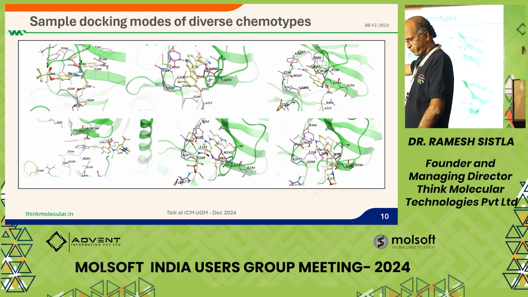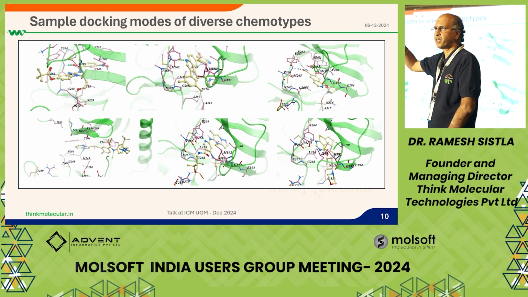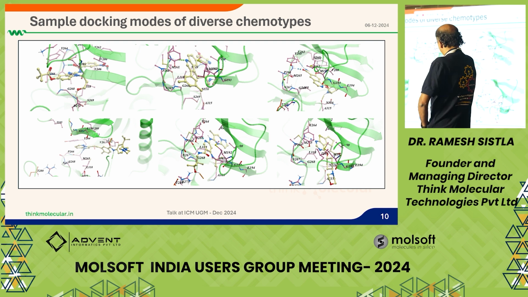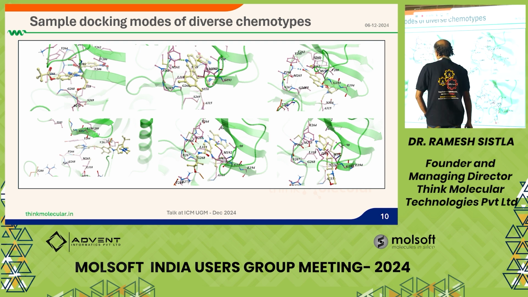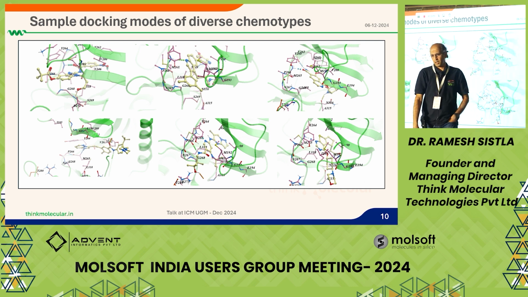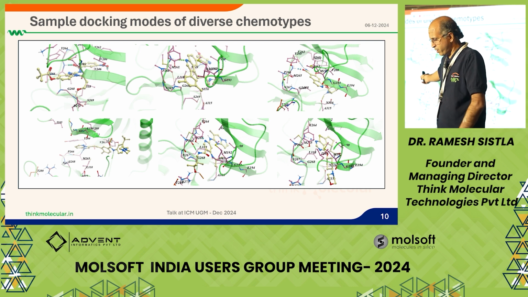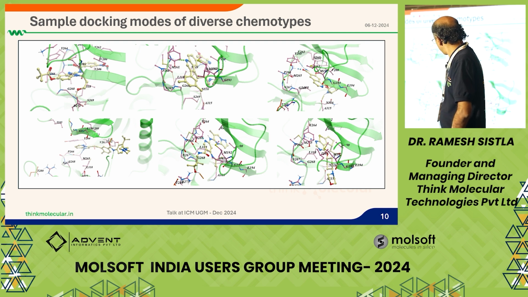The bottom left is a type 2 ligand, so it picked up the type 2, and you can see the DFG-out conformation here. The bottom middle is the BMS chemotype I worked on earlier, and the bottom right is the Nimbus chemotype.